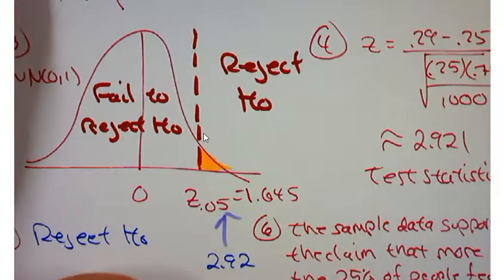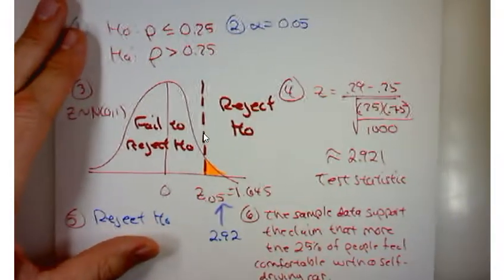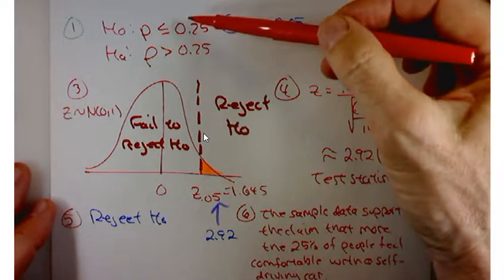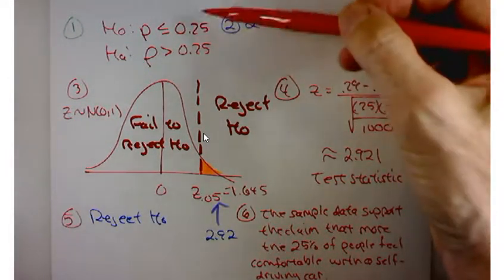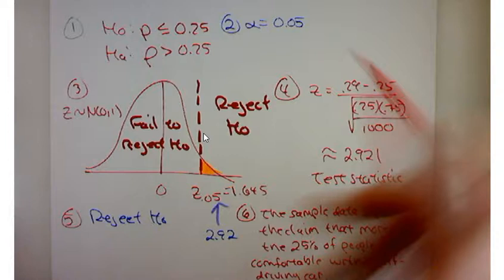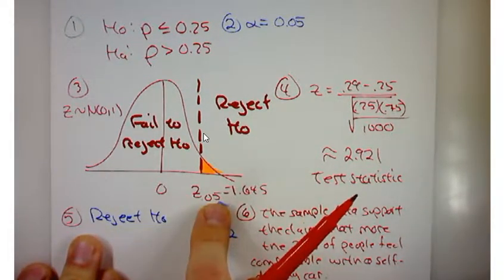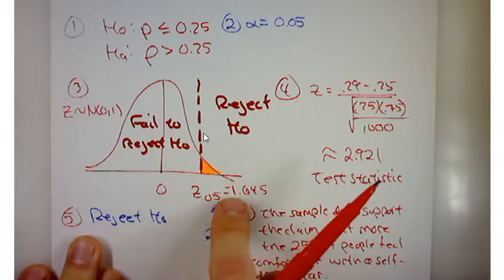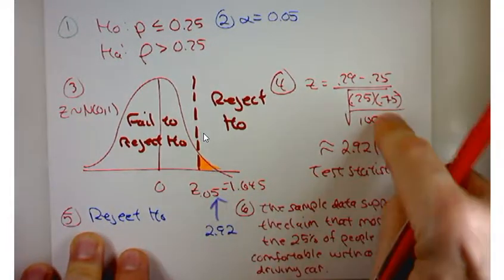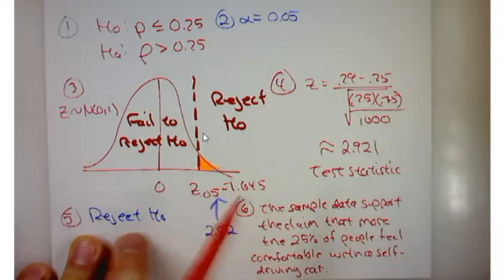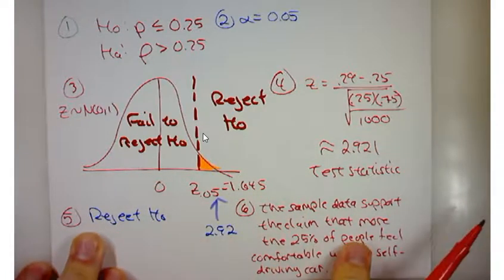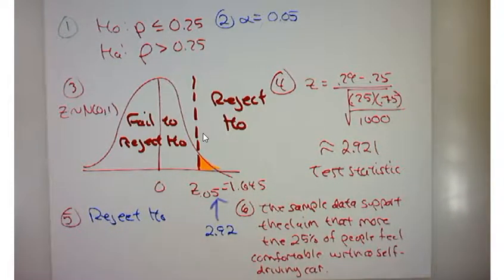So the general flow of things in a classical approach is state your null and alternative hypothesis, decide on alpha, set up a critical region, and for that you're going to need to look up the critical value here. Calculate your test statistic, decide to reject or fail to reject, and then state your conclusion in words.